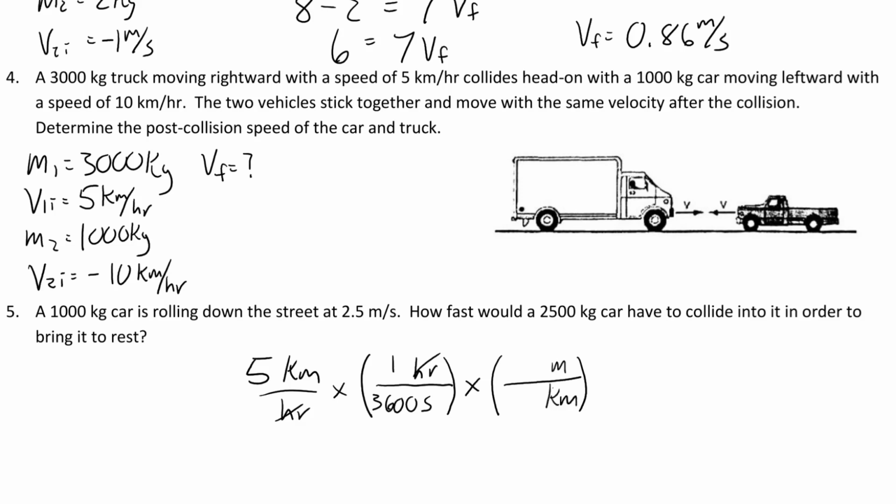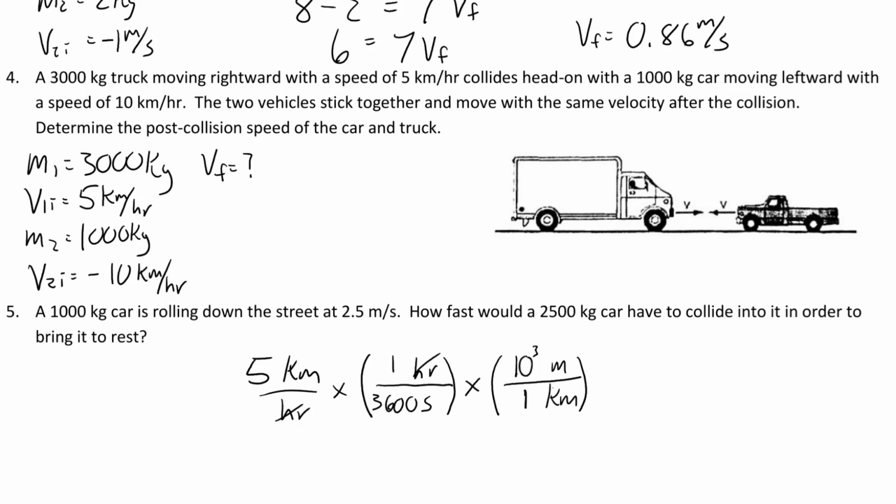And I want to get into meters. And you can look in your reference table. It tells you for the prefix kilo, that's 10 to the third. And what that means is 1 kilo anything is equal to 10 to the third base units. So in this case, 1 kilometer is equal to 1,000 meters.